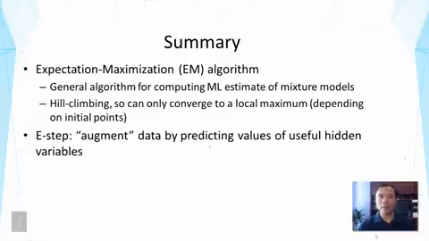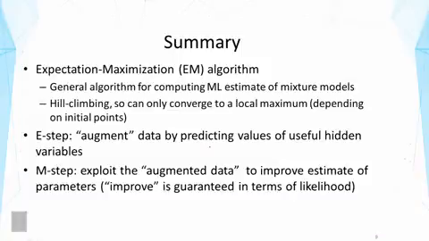In the E step, we roughly are augmenting our data by predicting values of useful hidden variables that we would use to simplify the estimation. In our case, this is the distribution that has been used to generate the word. In the M step, then, we would exploit such augmented data, which would make it easier to estimate the distribution, to improve the estimate of parameters. Here, improvement is guaranteed in terms of the likelihood function.